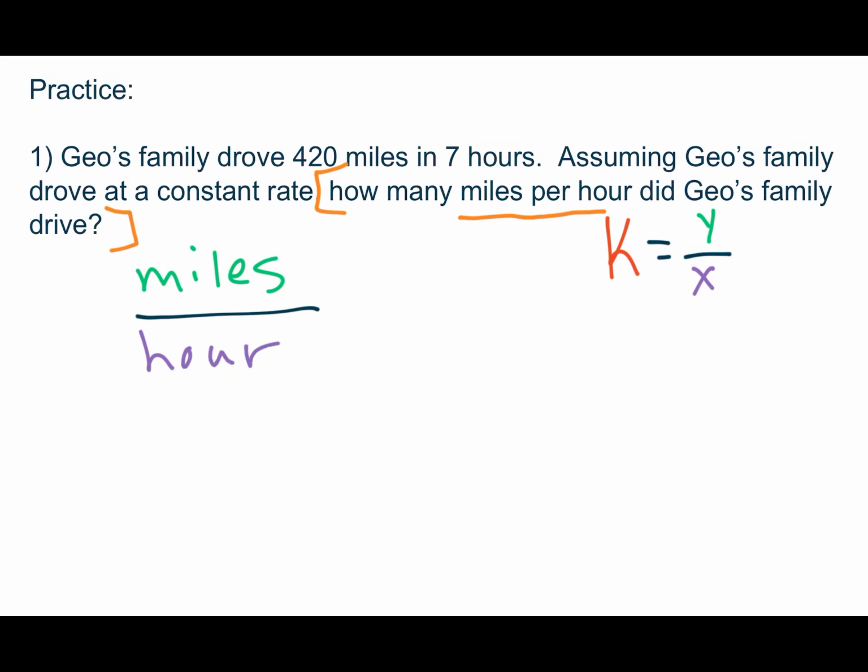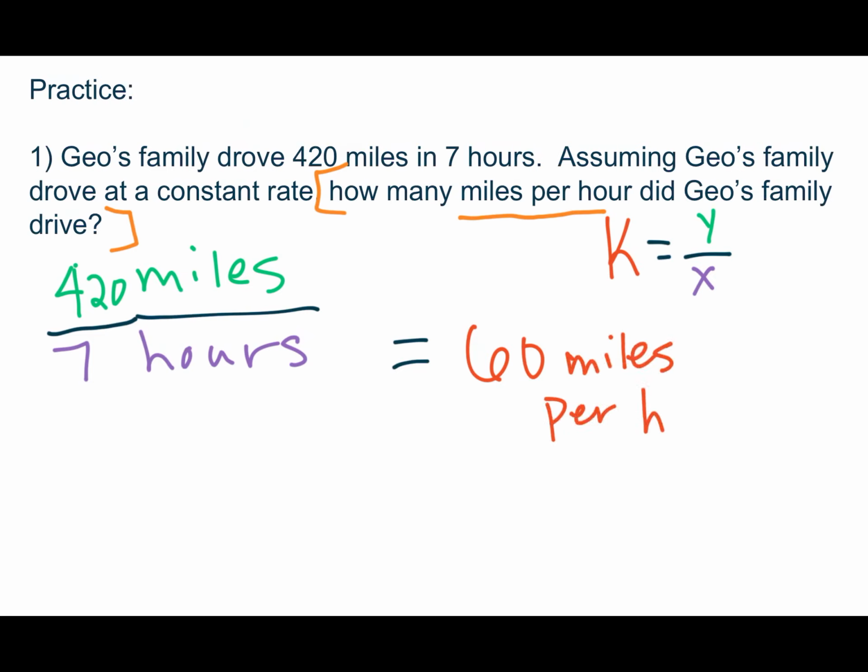Well, I already know that Gio's family drove 420 miles in 7 hours. So I can take these two things and divide them. And when I divide 420 miles by 7 hours, I get that they drive 60 miles per hour.